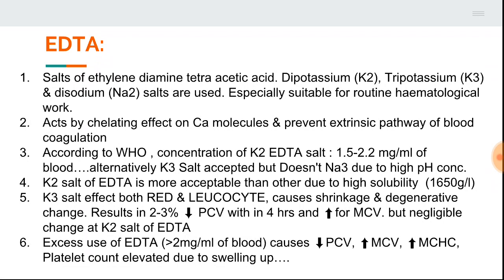Excess use of EDTA, that is more than 2 mg per ml of blood, causes a decrease in PCV value, an increase in MCV and MCHC value, and the platelet count is elevated due to swelling, and platelets get fragmented and the fragments are also counted, thus the platelet value becomes high.